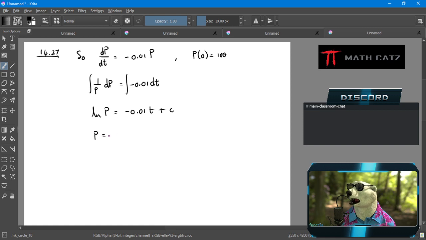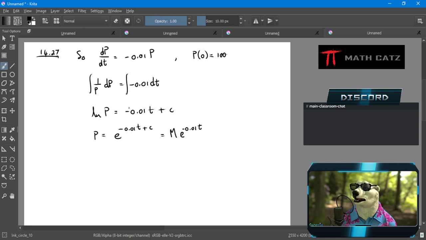So P is then e to the negative 0.01 t plus a constant, or I'm going to rewrite that as M, a more convenient integration constant. Then I'm going to use the fact that I start with 100%.